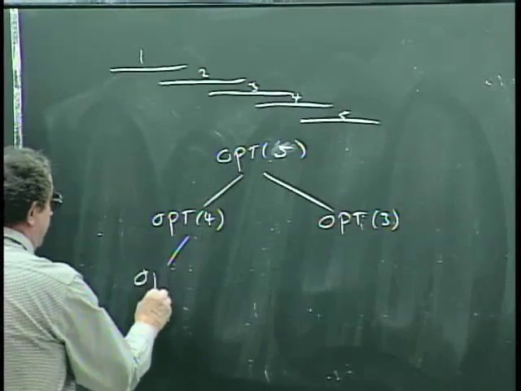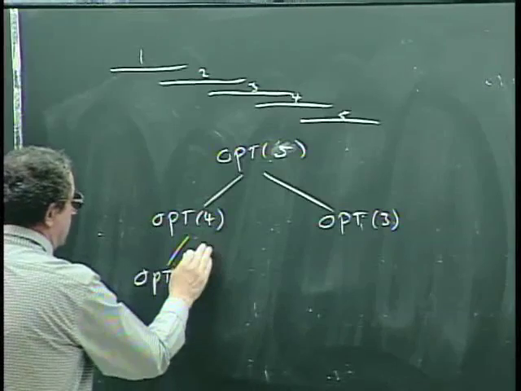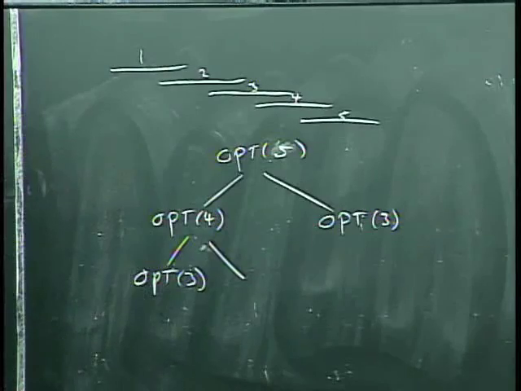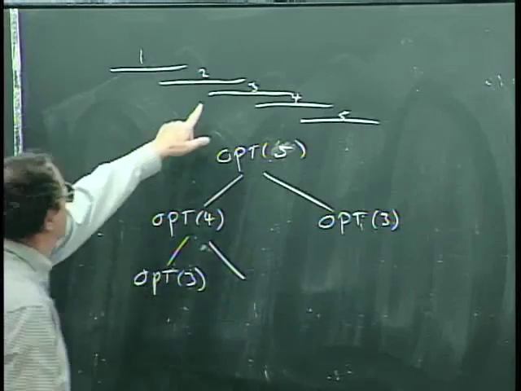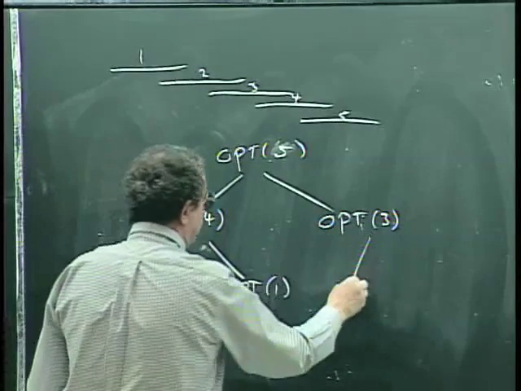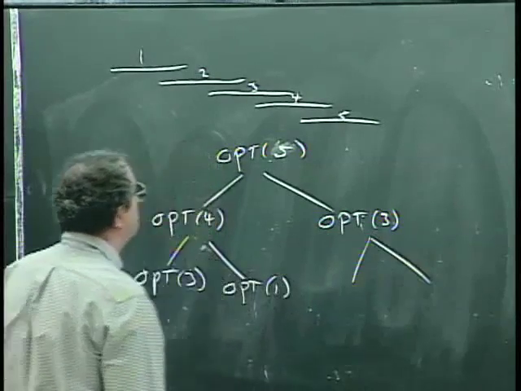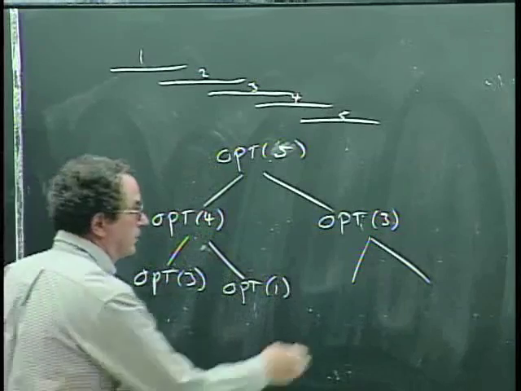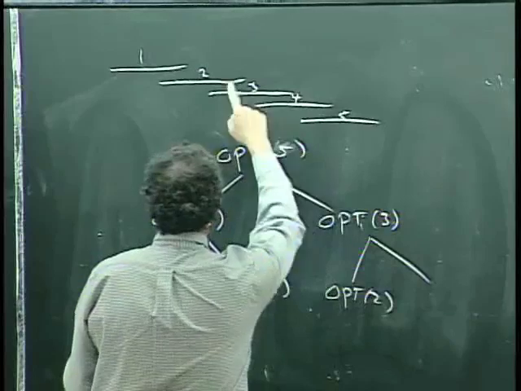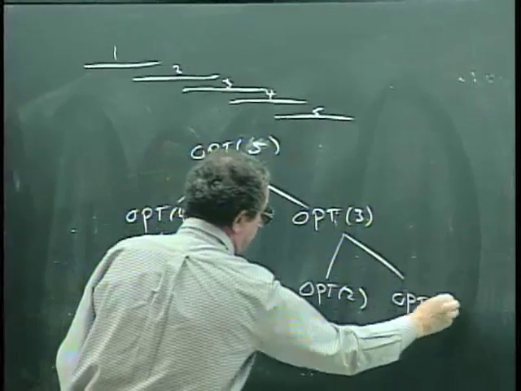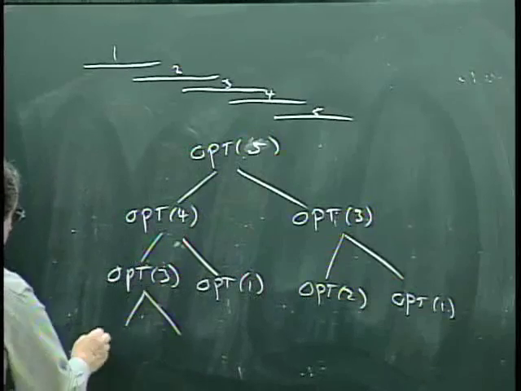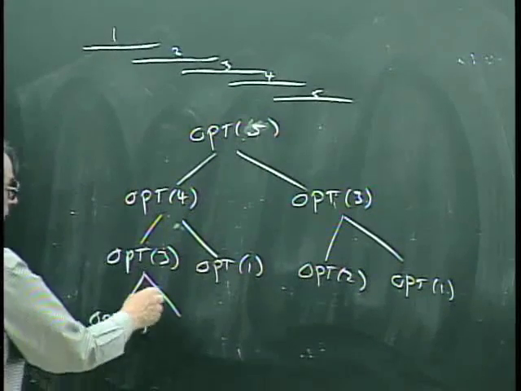It calls opt of 3. And also it has to call opt of 1. And what does opt of 3 call? Using the recursion, it calls opt of 2, and then again opt of 1.